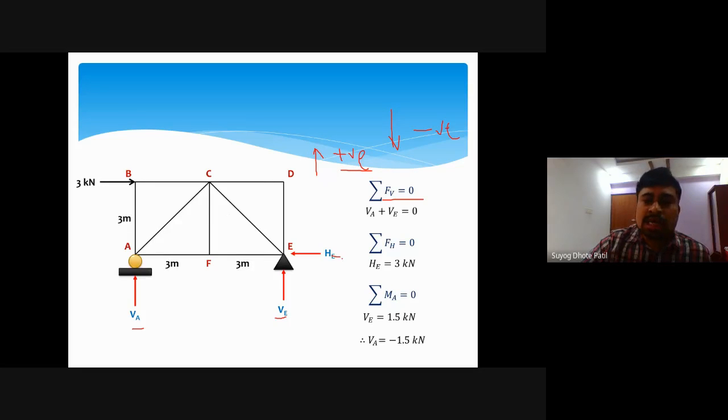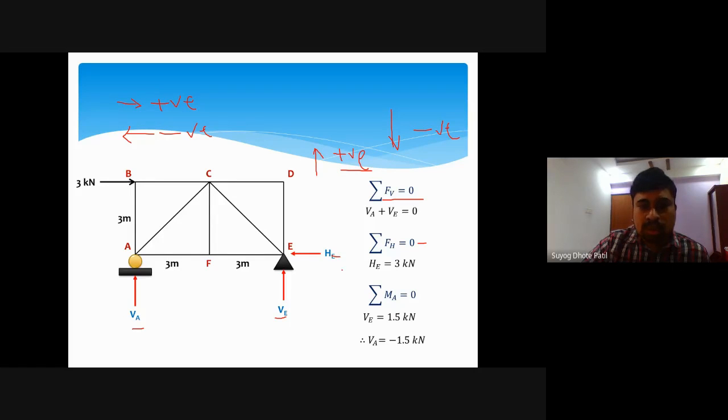Okay. Then another, summation of all the forces in the horizontal direction is equal to 0. So summation Fx is equal to 0. In the horizontal direction, this 3 kilonewton force is acting horizontally towards the right, and this He is the reaction, horizontal again and towards the left side. So the horizontal force towards the right we can take as positive, and the horizontal force on the left-hand side we can take as negative.